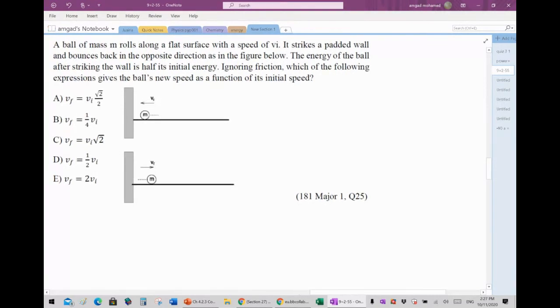Before we read this one, I need you to remember that the kinetic energy equals half mv square. So if the speed increases 2 times, what will happen to the kinetic energy? We discussed this issue last time in the previous lecture.